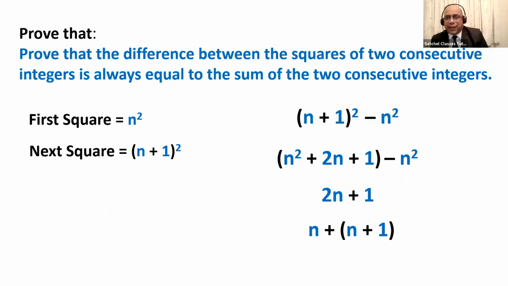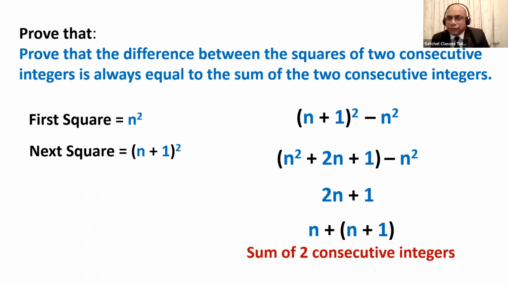Now, as you can see, n and n plus 1 are consecutive integers, right? Because 1 is one more than the previous one. So this is the sum of two consecutive integers. And hence, as you can see, we have proved that the difference between the squares of two consecutive integers is actually equal to the sum of two consecutive integers, right?